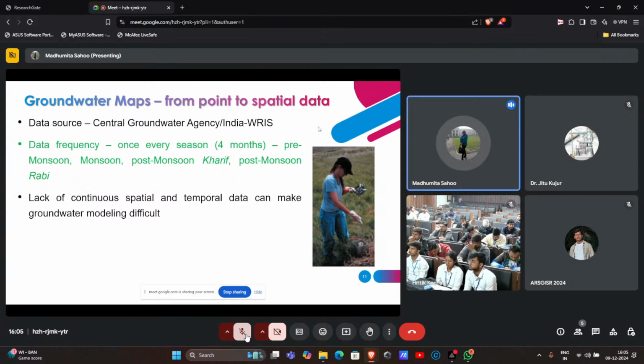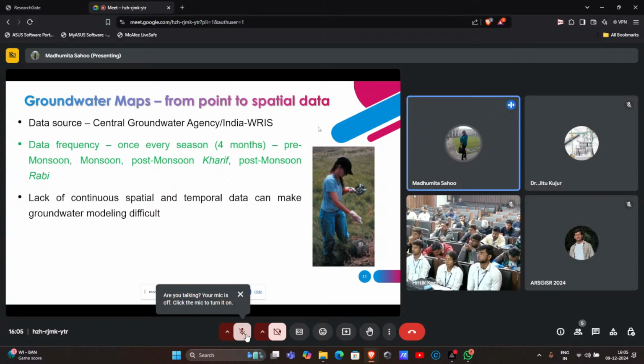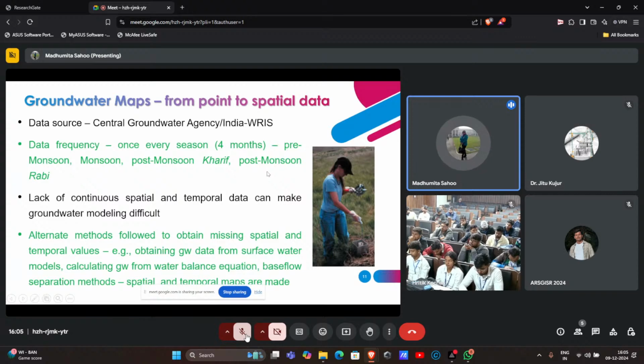It could be an indirect method using ArcSWAT or any other hydrological model which can give the groundwater level variation as a byproduct, and the groundwater modelers use it as an input for their groundwater modeling. So there is a lack of continuous spatial and temporal data that can make the groundwater modeling difficult.